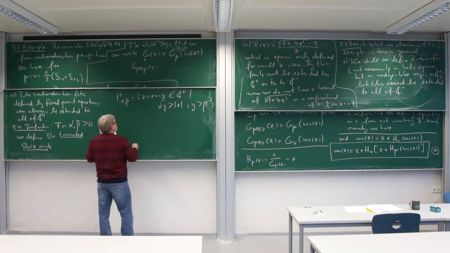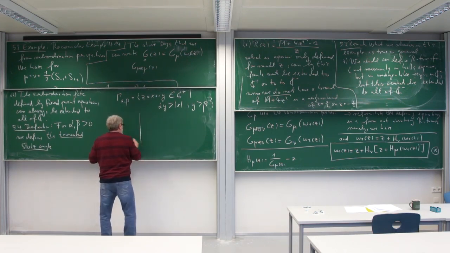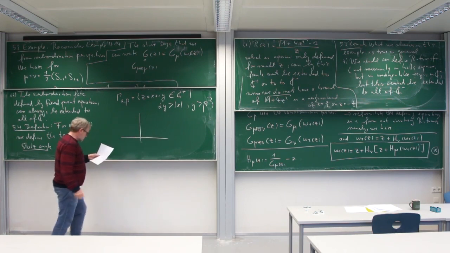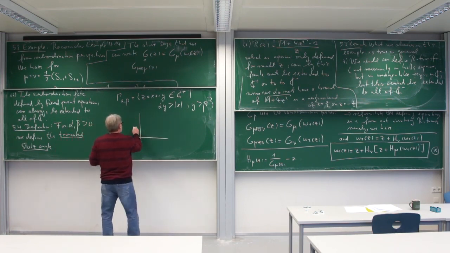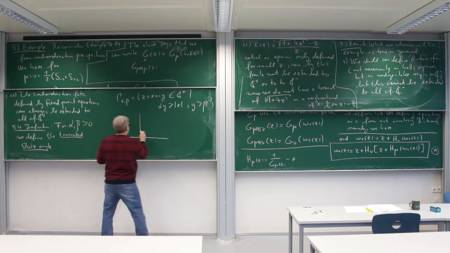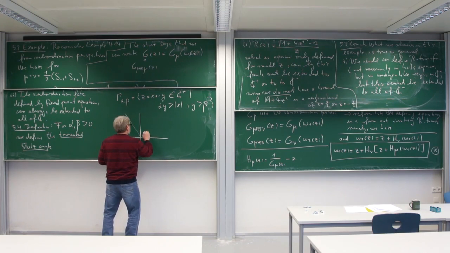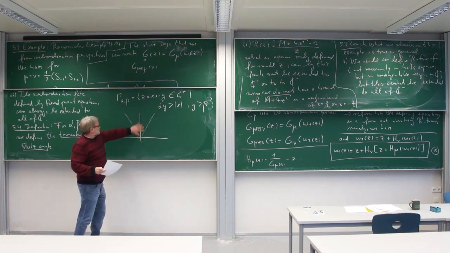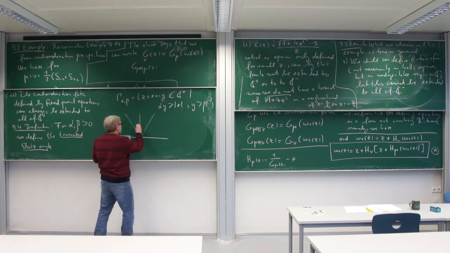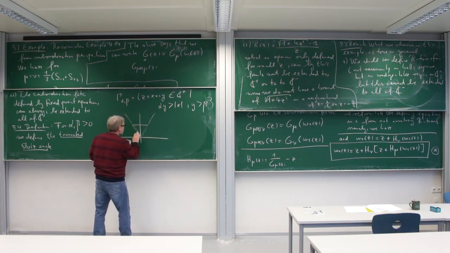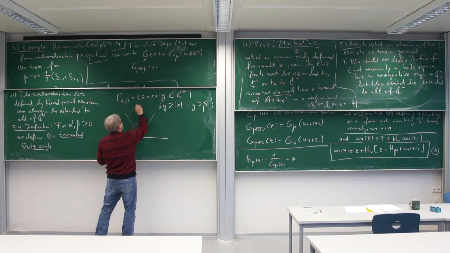Okay, maybe a picture says more than the definition. So here is the complex plane. And y is greater than beta, so that's the truncation. In principle, the Stolz angle would just be such a region. Okay, but then we also truncate it at beta. So what I have here is really this region.